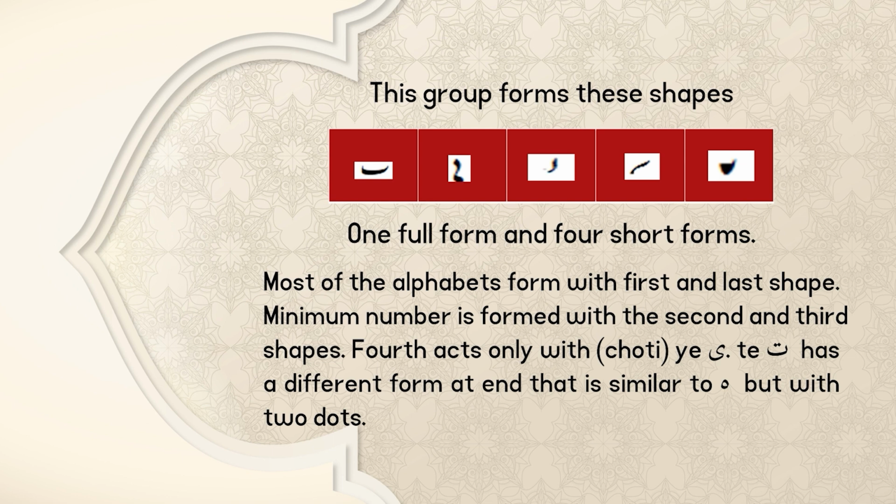Te has a different form at the end that is similar to ha but with 2 dots. Te also acts with words of Arabic and forms the shape of ha at the end.